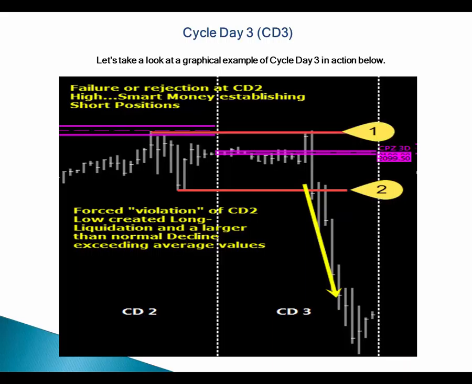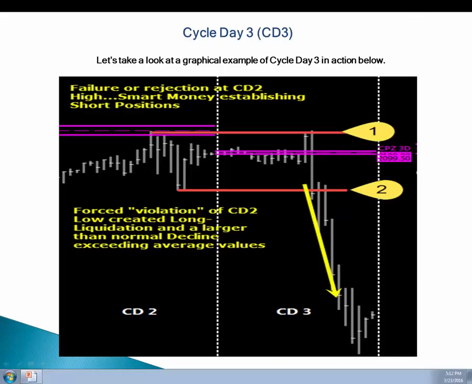And a forced violation would mean a break through the prior day's low, cycle day 2's low, and that creates anxiety on the part of the buyers that bought them the day before, and they may be forced to say, I'm selling them too. So that just creates more selling, and it's essentially a forced liquidation scenario. Okay, does that make sense?